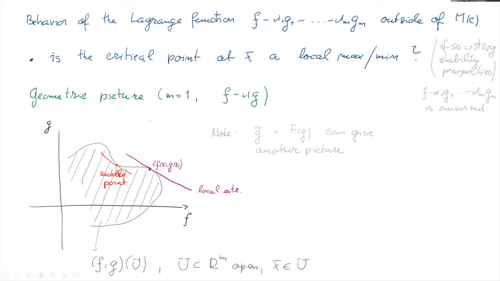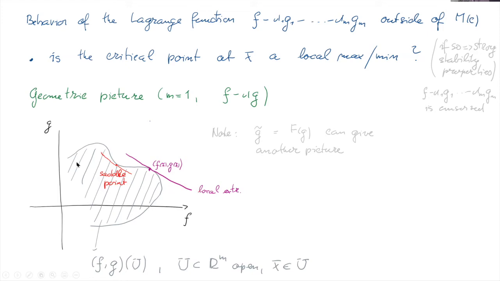And of course, there are some geometric conditions under which this Lagrange function will have a maximum with respect to all X, or it will have a saddle point, right? We expect that on the constraint manifold, we will be at a maximum. But we are interested in whether the maximum of the Lagrange function will also be on a larger set.